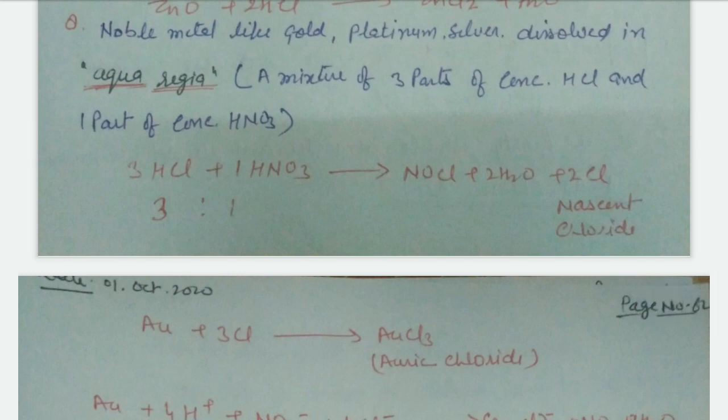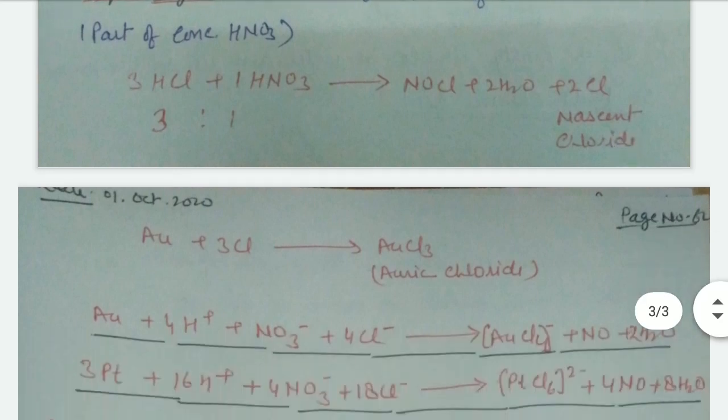HCl combines with HNO3 to form NOCl, water, and chlorine gas. Nascent chlorine further reacts with the metal to form auric chloride, AuCl3.